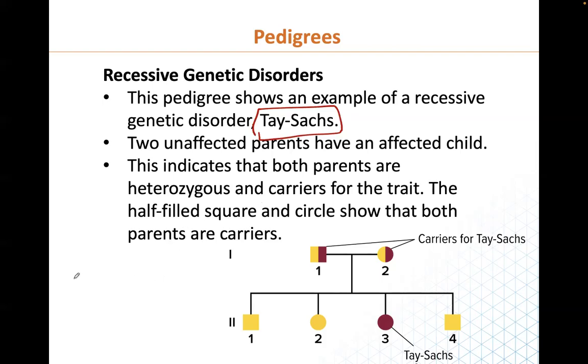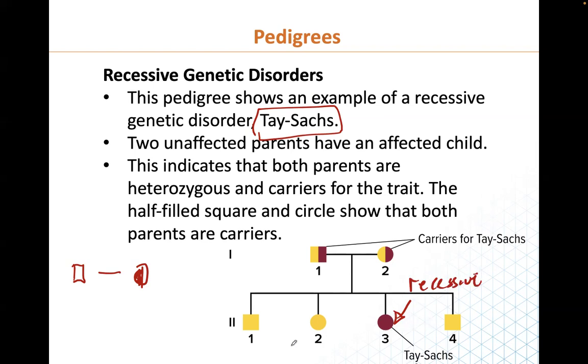But if you have one parent healthy and one parent a carrier, you can never have a child who would have Tay-Sachs. Why? Because it's a recessive disorder.